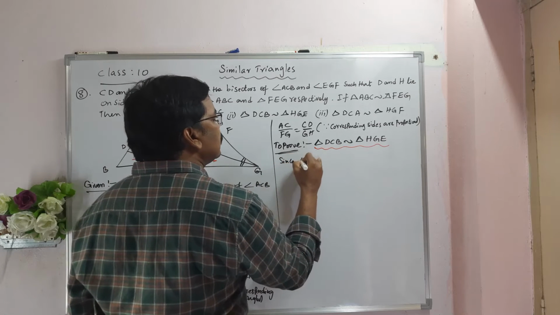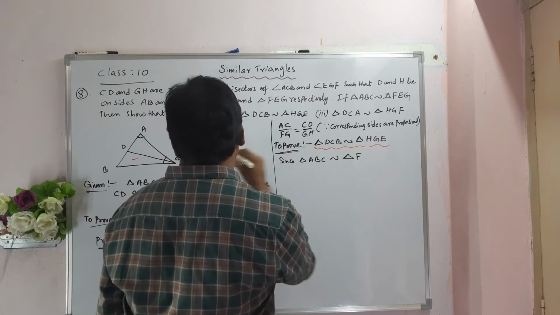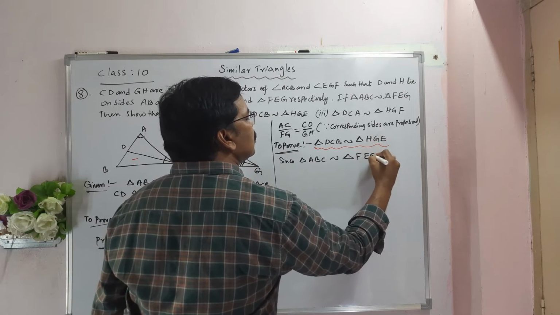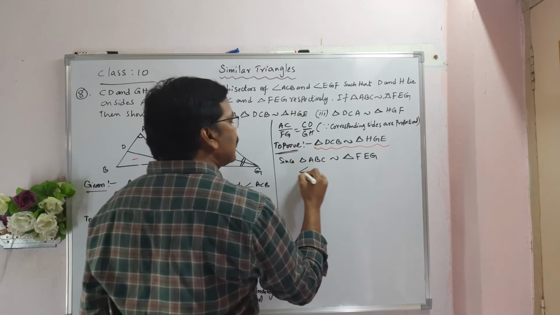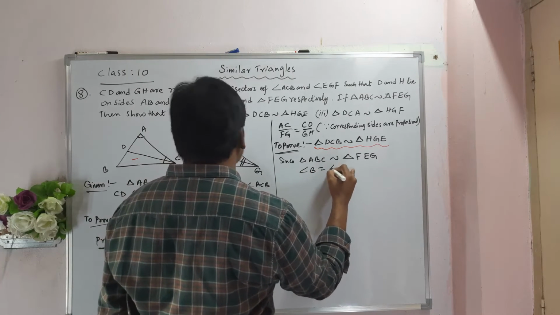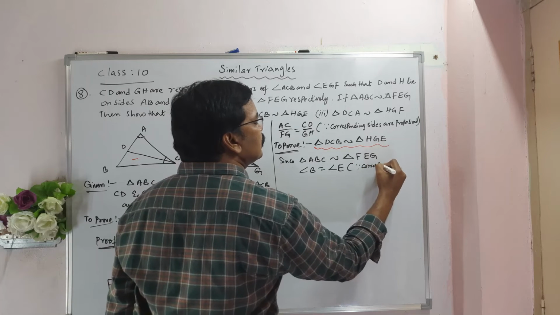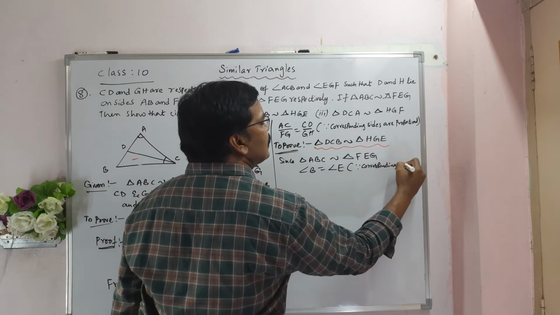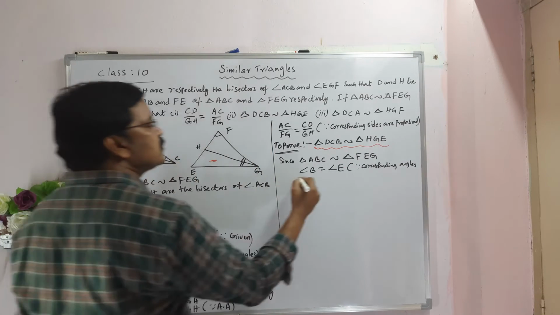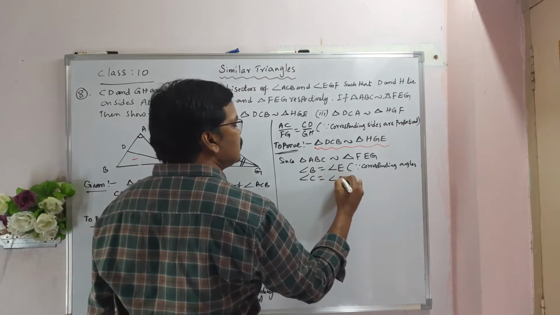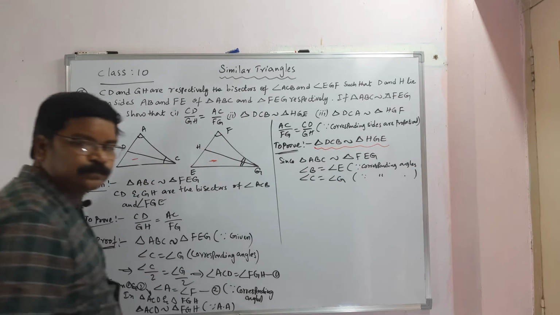Since triangle ABC is similar to triangle FEG, angle B is equal to angle E, these are corresponding angles. Similarly, angle C is equal to angle G, since corresponding angles.